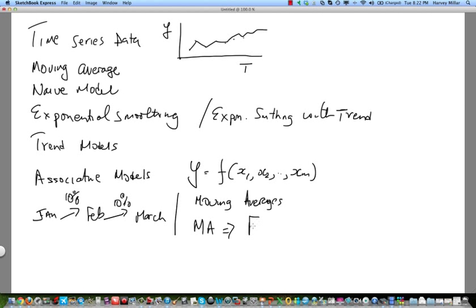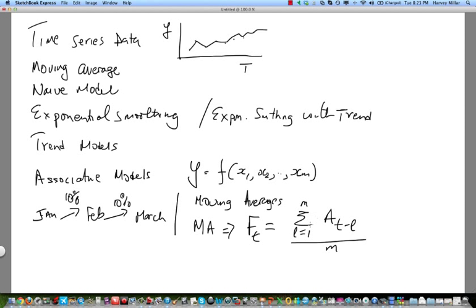The forecast for a period T would be the sum of A(T minus L), which is the actual demand or the actual values, where L is equal to 1 to however many periods we want in our moving average. Let's say we want m periods. So if m is just 2, we would take t minus 1, which is the previous period, and then t minus 2. And then we would average that by dividing by the number of periods we want in the moving average. And that would be our moving average forecast.